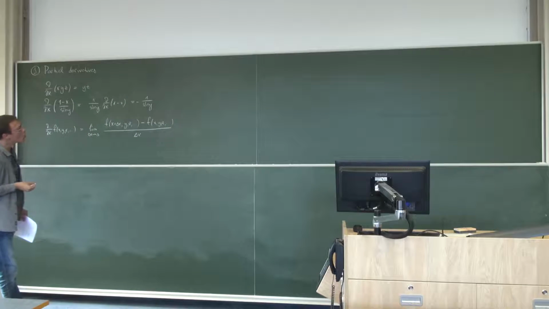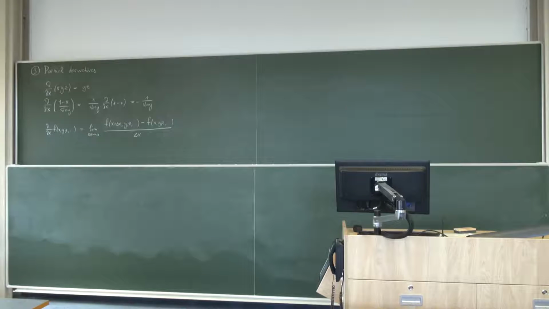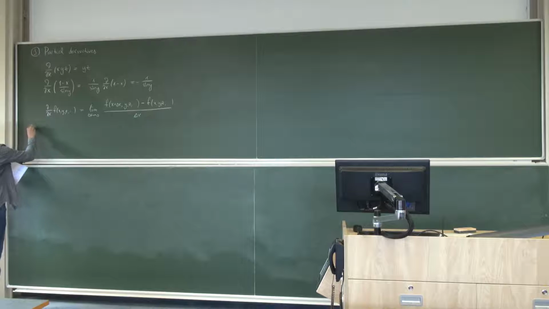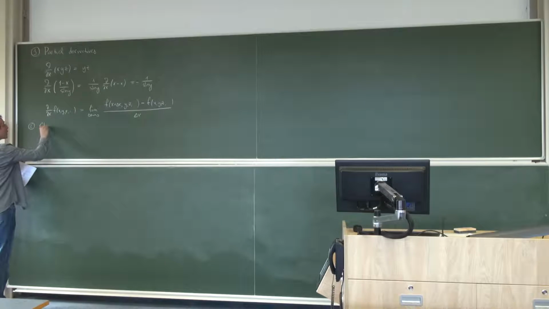So we simply more or less ignore the presence of other variables and differentiate with respect to the variable of interest. Now, as I mentioned, this is trivial, you will very quickly learn it, but the difficult thing is the chain rules. And that is what most of today is going to be about.